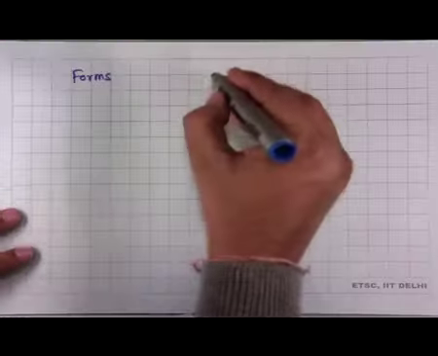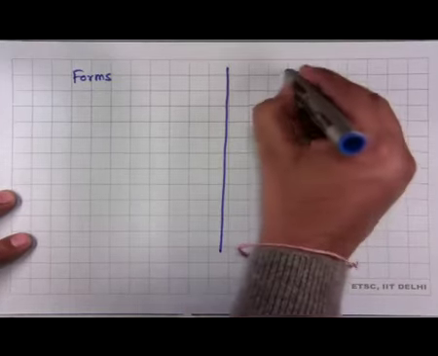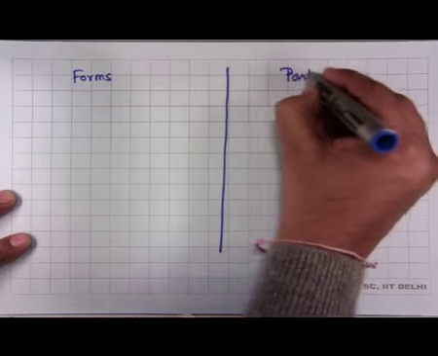So, the forms of the rational function and the partial fraction we should choose for that.